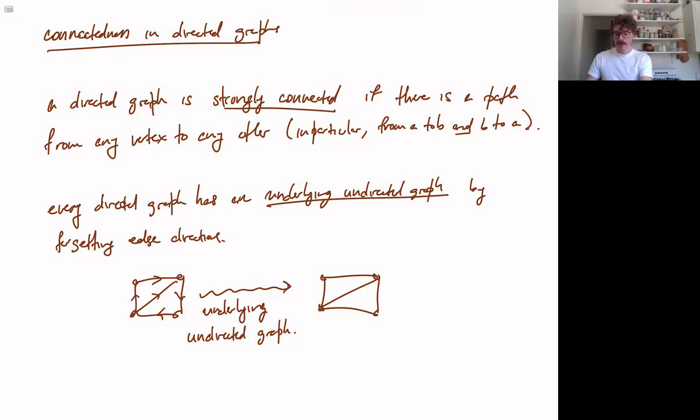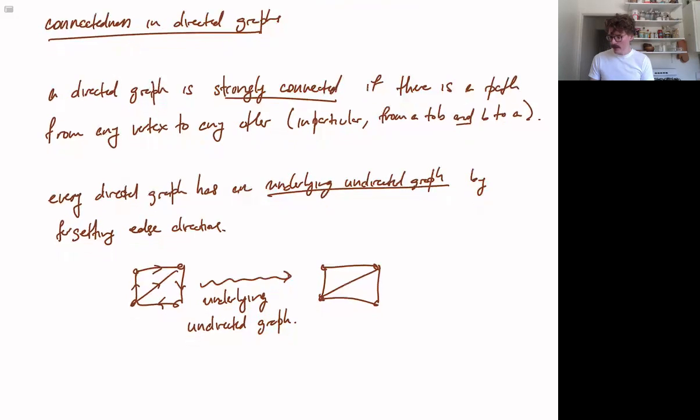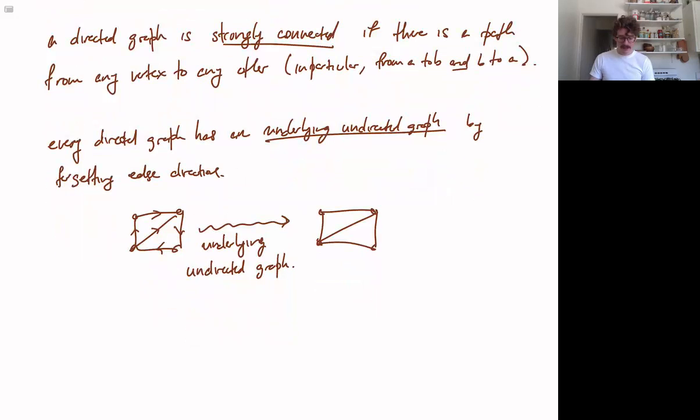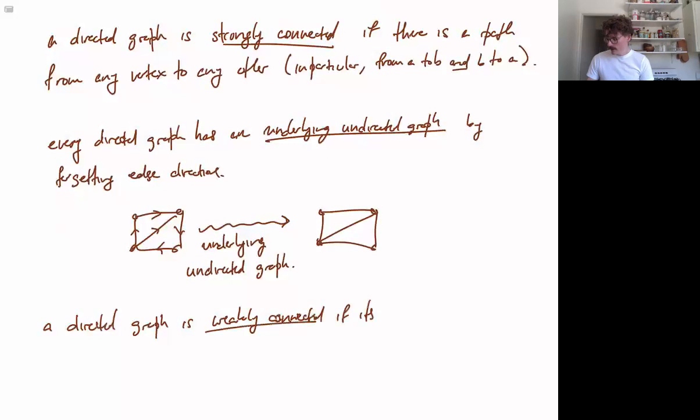And basically, this is important to consider also when we're working with directed graphs. And this is what forms our definition of weakly connected. So a directed graph is weakly connected if its underlying undirected graph is connected.